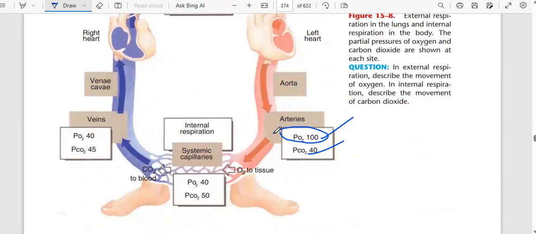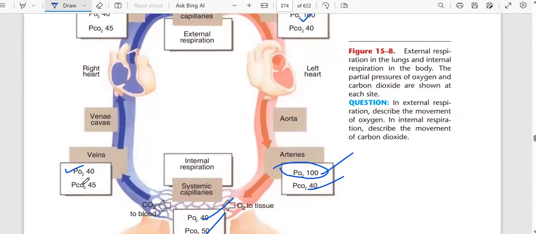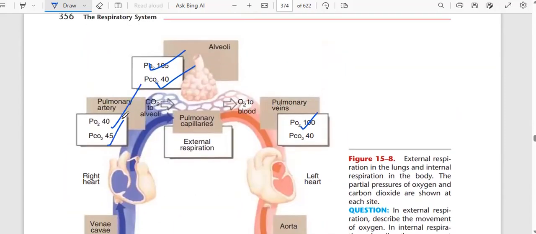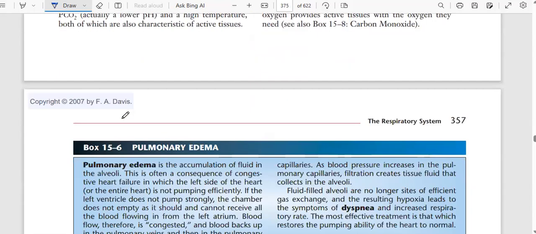Then we can assume that oxygen is reaching the body. In the systemic capillaries, oxygen decreases and carbon dioxide increases. From that, in the veins, oxygen is reduced and carbon dioxide is high. So this is the thing we have to remember.